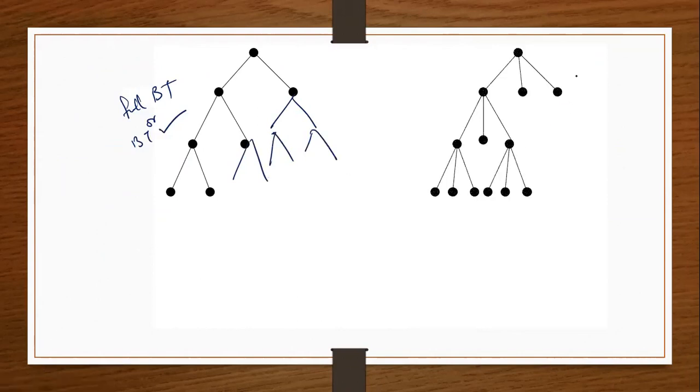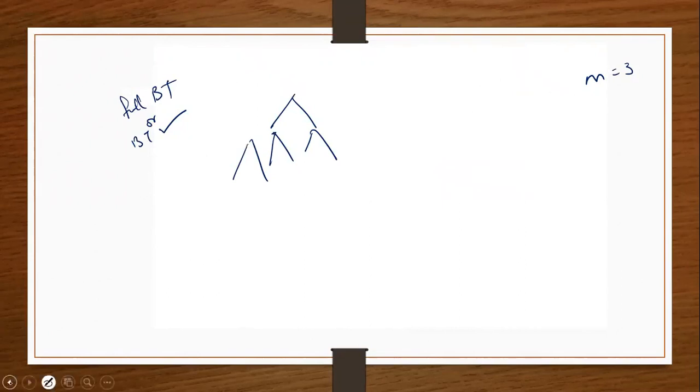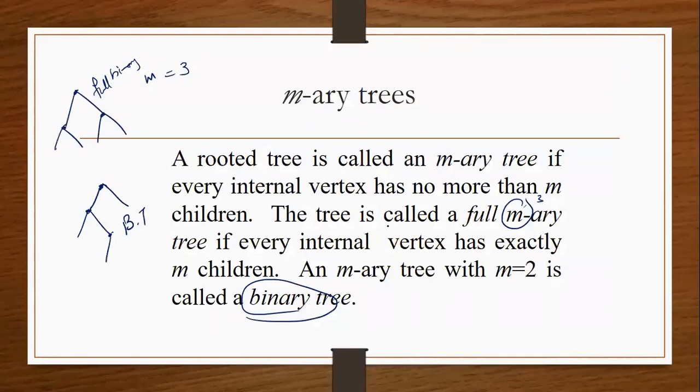Next, let's look at this example. Here each node has 3 children, so m is equal to 3. And let's see this tree over here. Is it a full m-ary tree? No, it is not, because here this node does not have any children. Even these nodes do not have any children. But actually, one more thing, let's look at the definition.